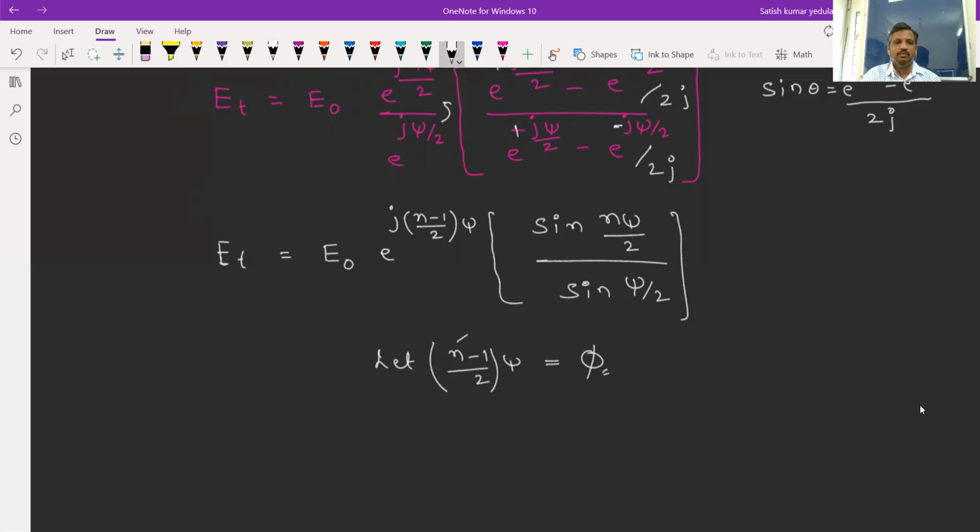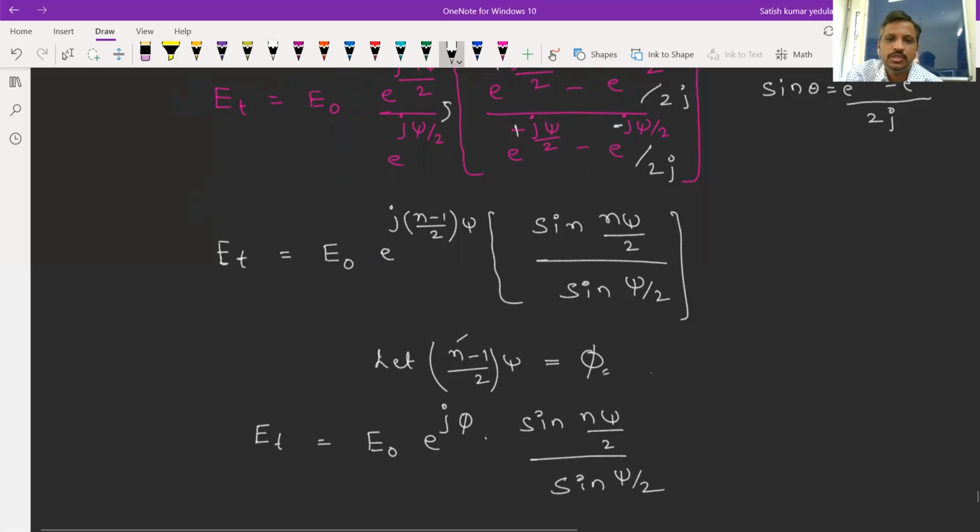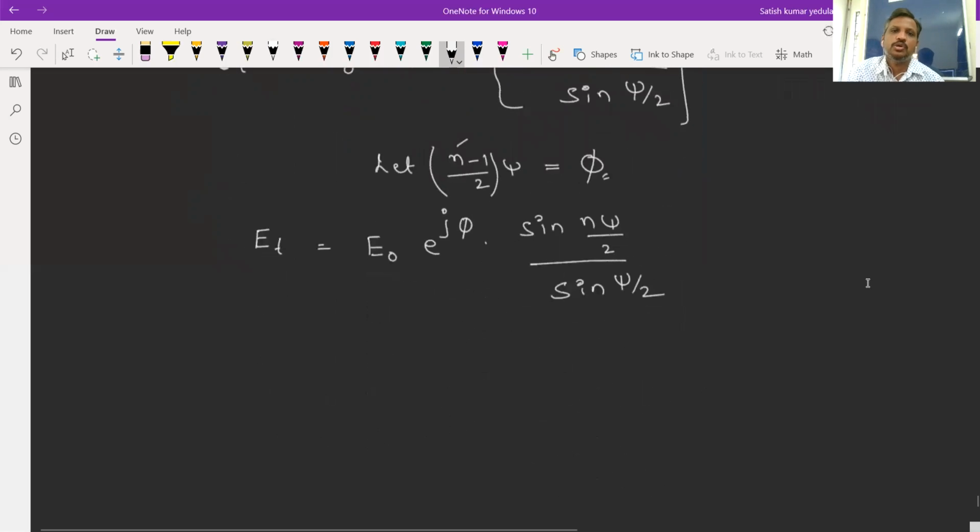So finally, Et is equal to E naught into e power j phi into sine n psi by 2 by sine psi by 2. This is your expression, but it is still not your final expression. We will need to simplify this further.